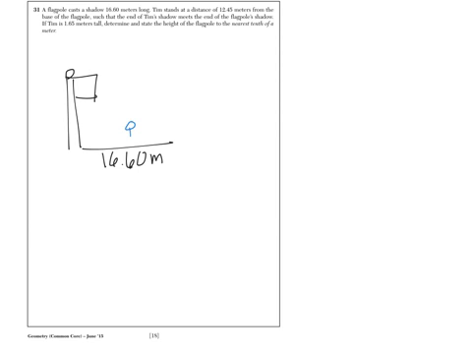So Tim has a distance from the flagpole of 12.45, and he also has a shadow that meets the end of the flagpole's shadow, which I just drew.